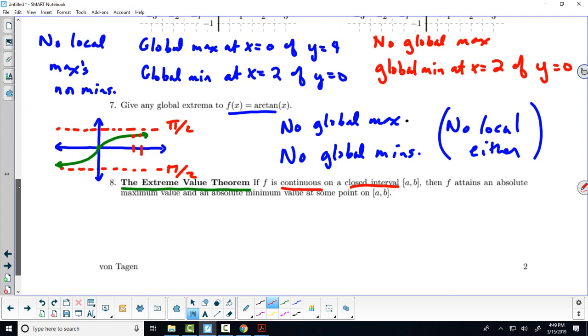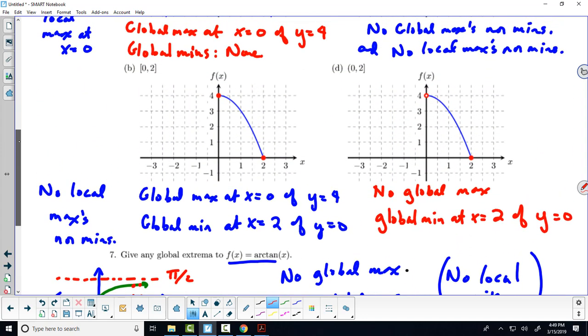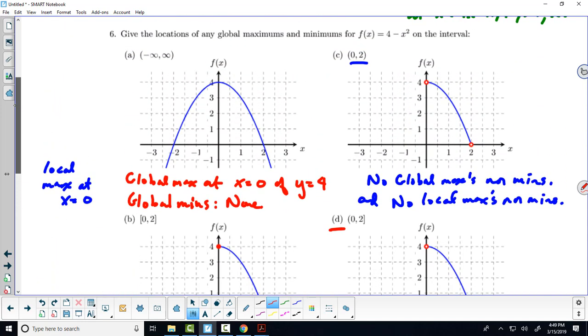So let's go ahead and real quick jump up here, all the way up to letter C. In letter C, we had no global maxes nor global minimums. Why is that? Well, I'm looking at this function, and I do see that this function is a nice continuous function, but we have no global maxes or mins.